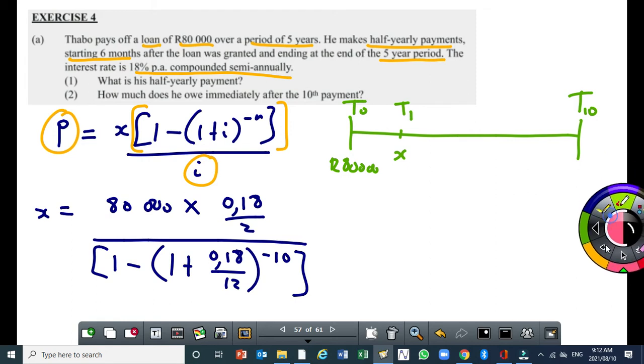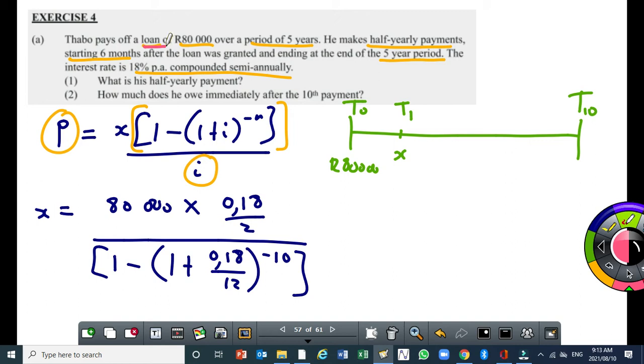Now, it's a good thing that you are asking me. First, after reading the whole question, you have to read and understand what's happening. Always look for words like loan, savings, investment, to give you a clue about whether it is future value or present value. If it's present value, it means a person borrowed money, and they have to repay it, right?